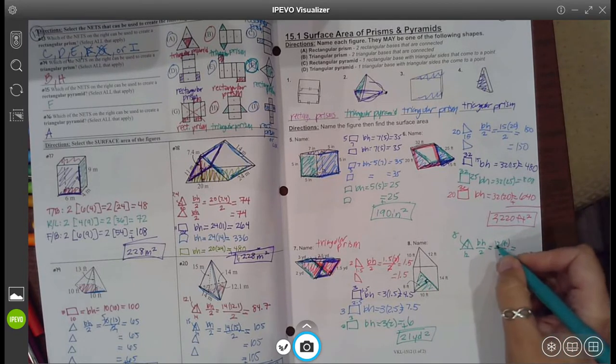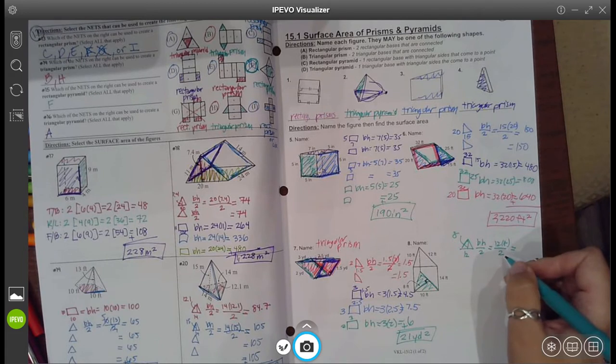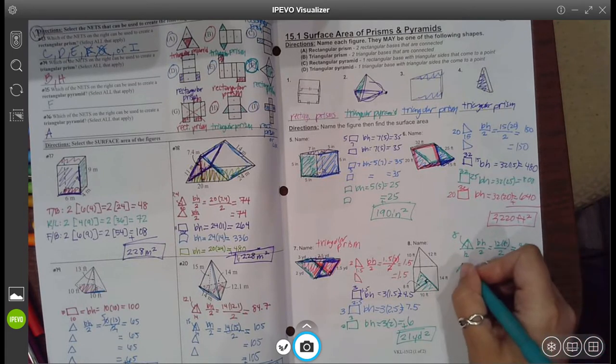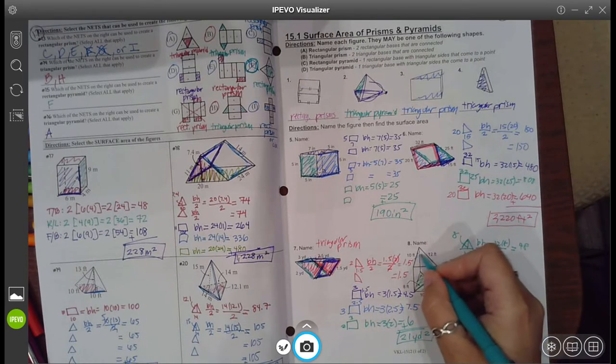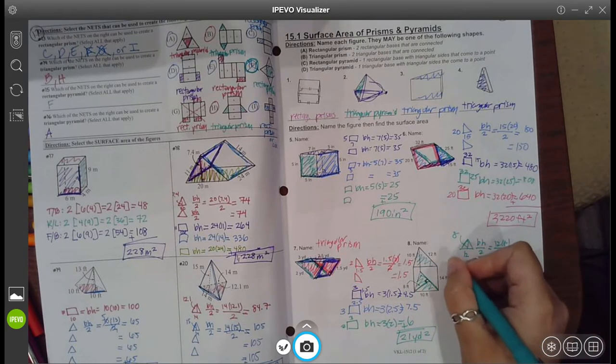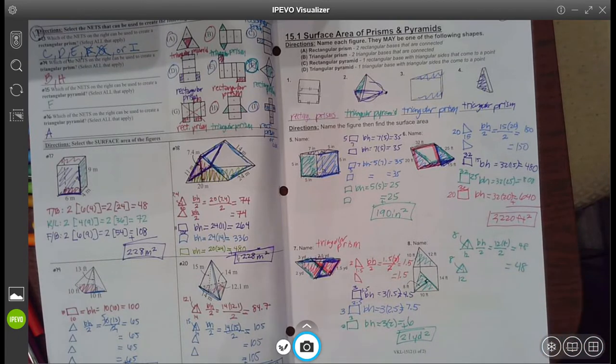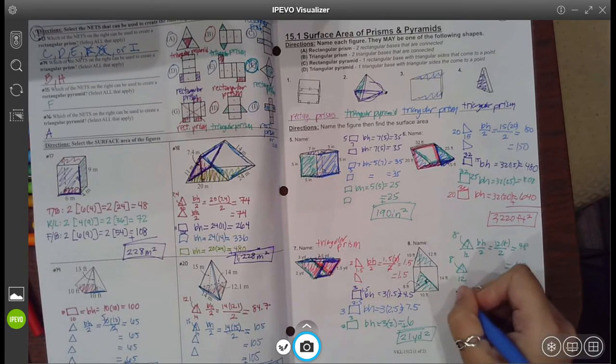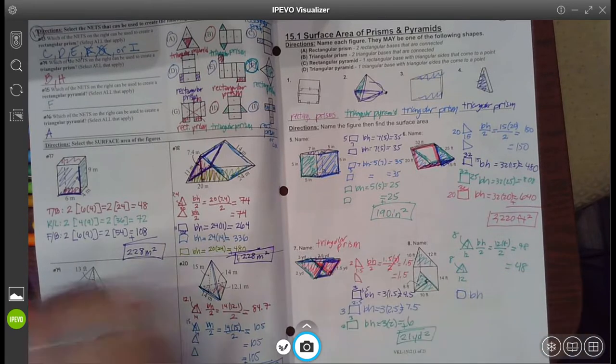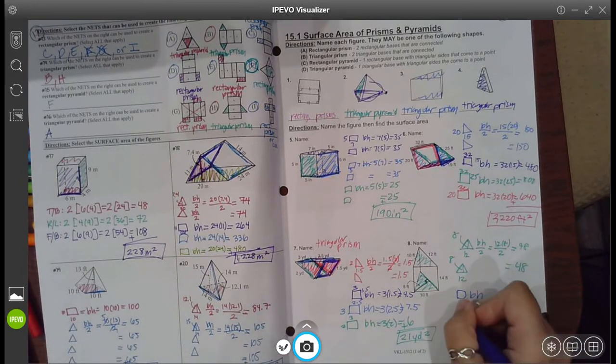Type that in, you get 96 divided by 2, and 96 divided by 2 is 48. And there's 2 triangular bases, right? Because it's a prism, so you always have 2 bases. So you have another triangle that is 48. And then it's a 3-sided base, so you should have 3 rectangles that you have to look for coming off of it.